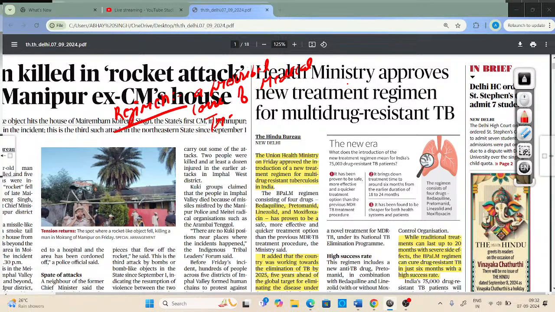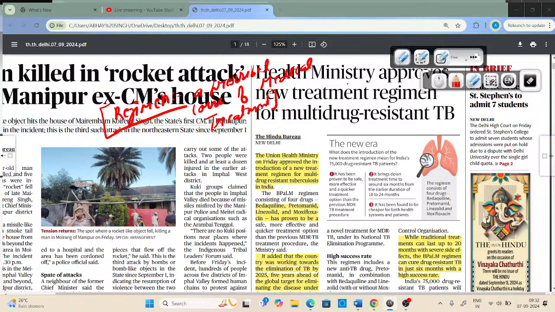So the Health Ministry has approved this new treatment regimen for multi-drug resistant TB.